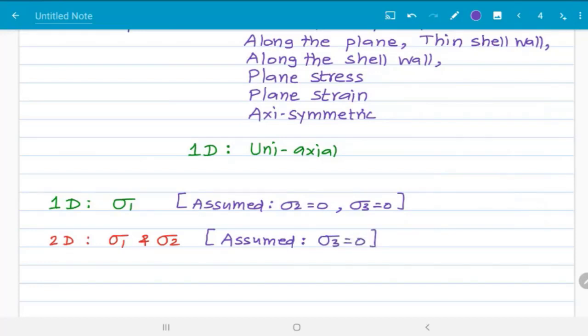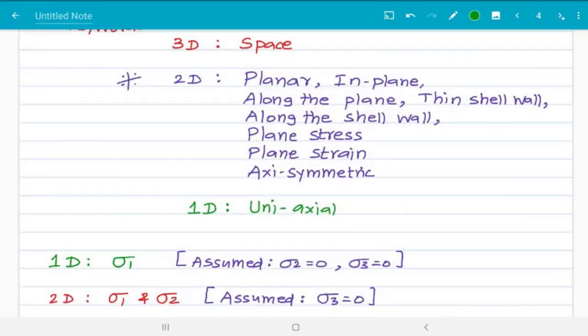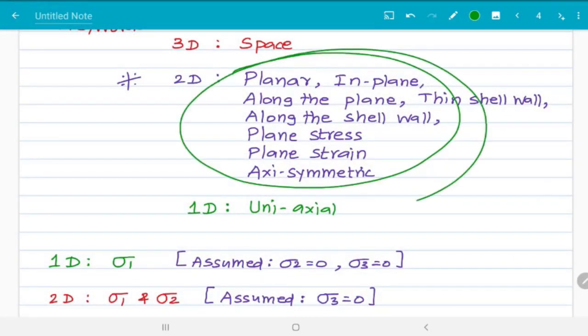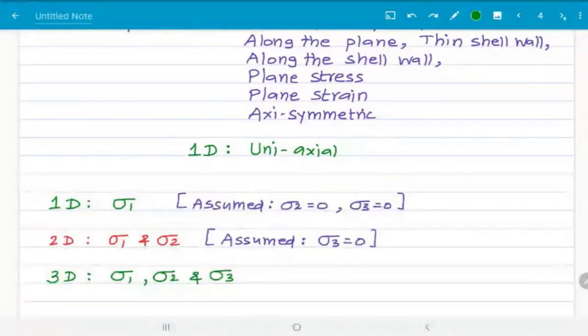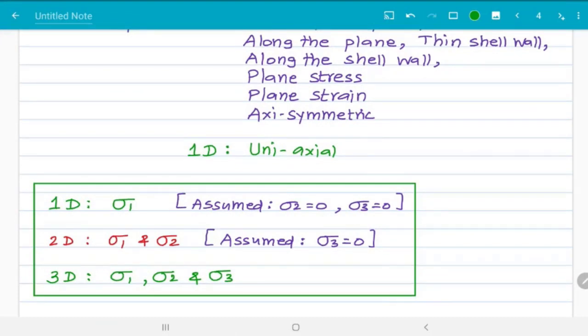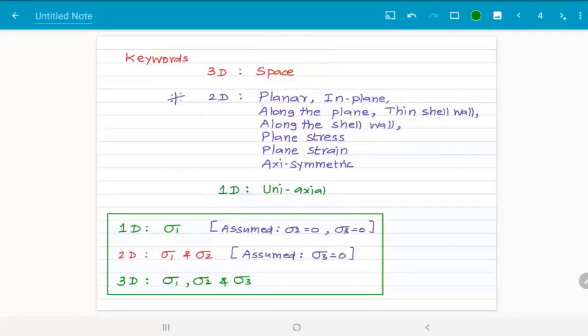In case of 3D, sigma 1, sigma 2 and sigma 3, all three principal stresses will be there. But they never say it is 1D or 2D or 3D. Based on the keywords we have to identify. That is why we are highlighting again and again. So this is about 1D, 2D, 3D keywords.